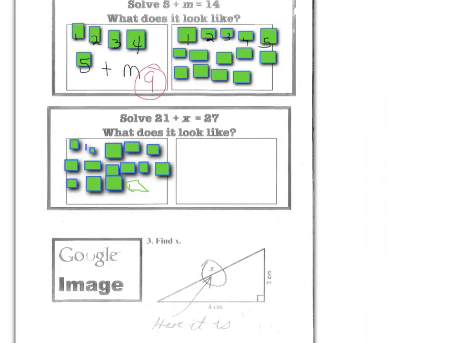Sorry, I'm having a little trouble here. 1, 2, 3, 4, 5, 6, 7, 8, 9, 10, 11, 12, 13, 14, 15, 16, 17, 18, 19, 20, 21.